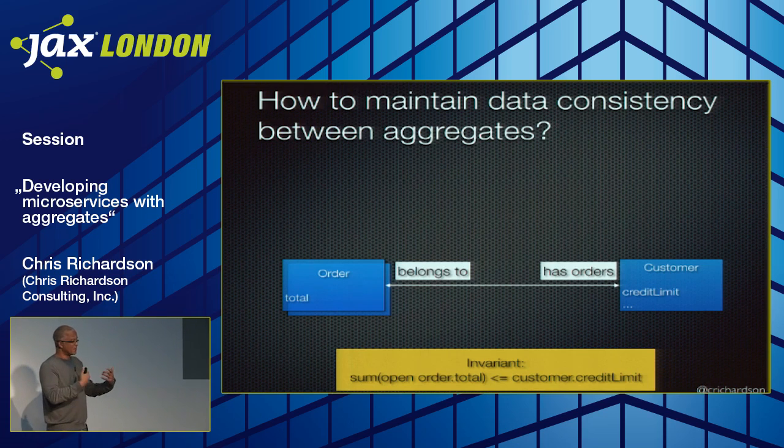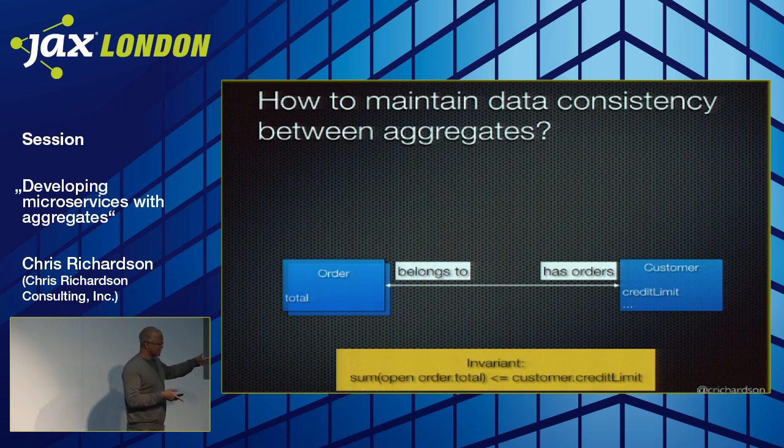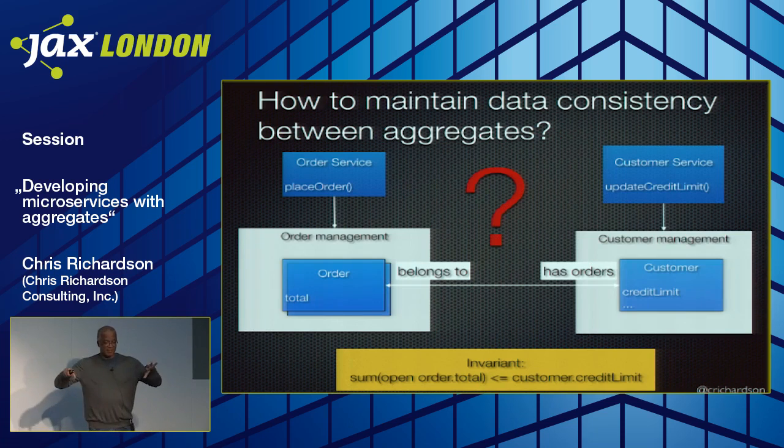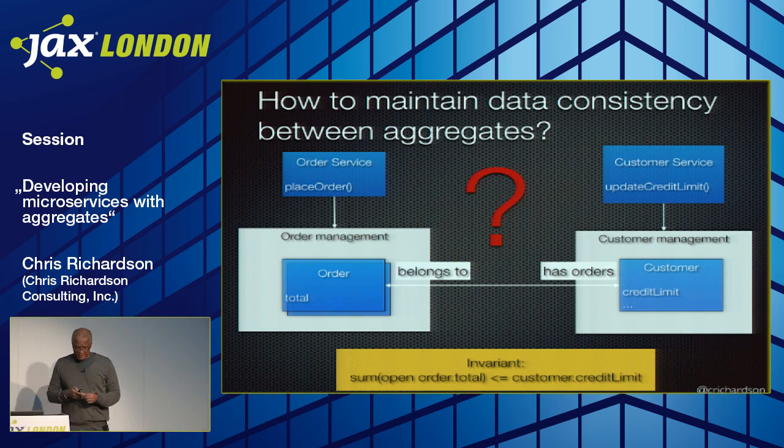And you have to do that in a way that will deal with multiple simultaneous attempts to create orders for the same customer. Earlier, I showed how you can easily do that with an ACID transaction, but in this system, because they're different aggregates in different services, we need a different mechanism to ensure data consistency in this scenario.